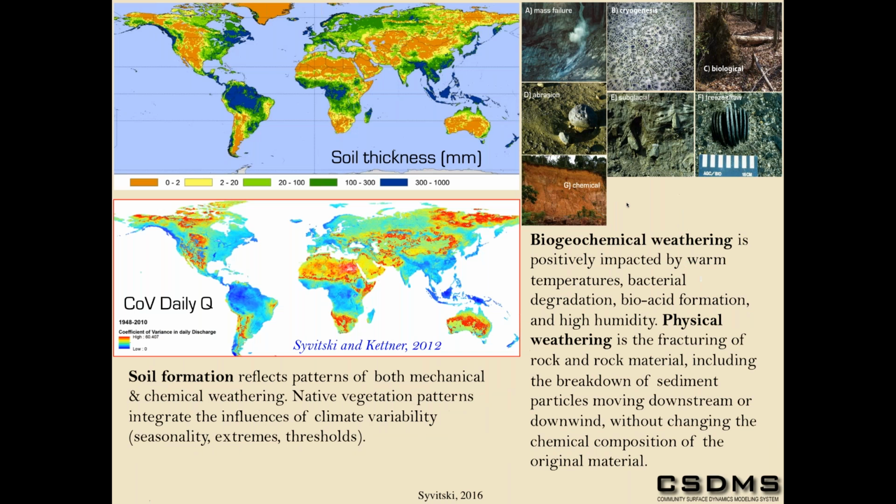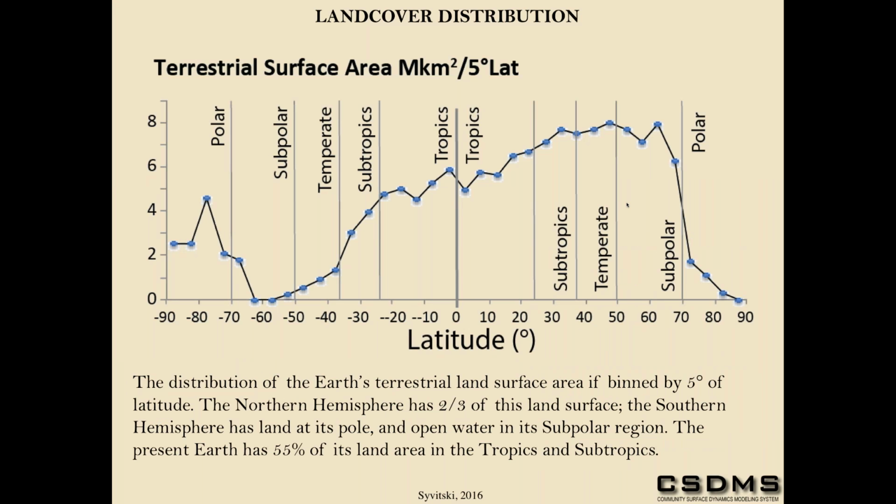Biogeochemical weathering seems to be really impacted by warm temperatures, aided by bacterial degradation, bioacid formation, and a high level of humidity, both in the soil and in the atmosphere. So I would suspect you have to think about how much this modern day biogeochemical weathering can impact the availability of sediment and whether that would change any of the model predictions that I will talk about later.